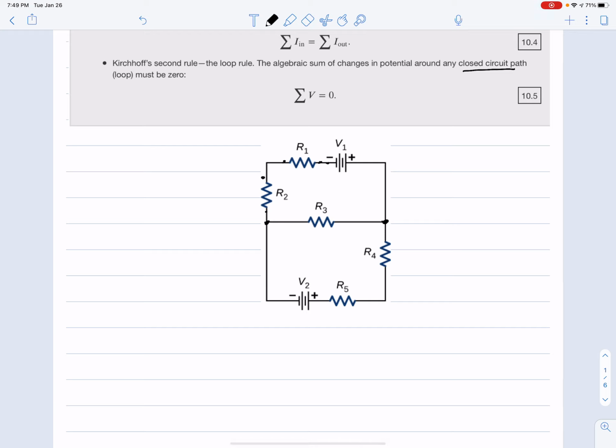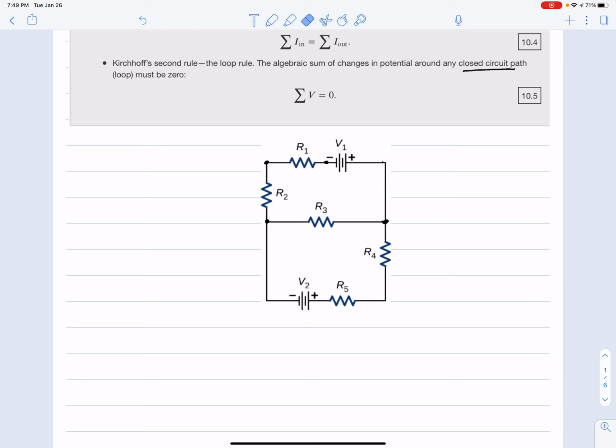I'm going to continue doing the dots. Actually, let me erase this right here. Okay, so this is a junction point. Right here's another one. Then here is another one. It's not a junction point, it's just points that I'm putting into the graph.